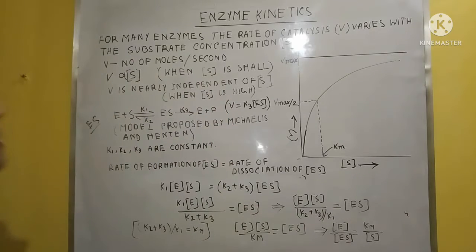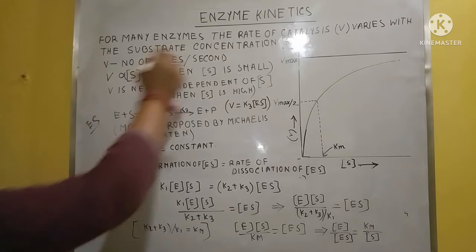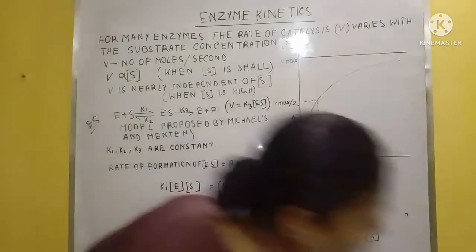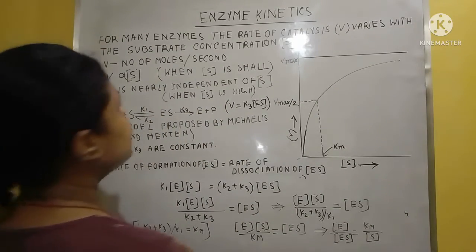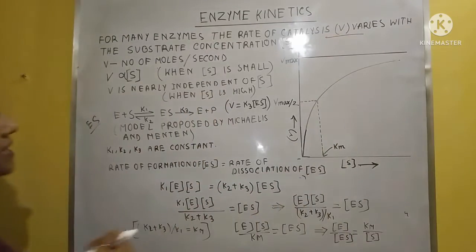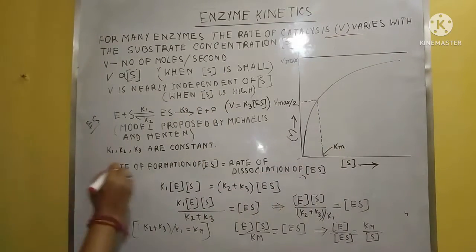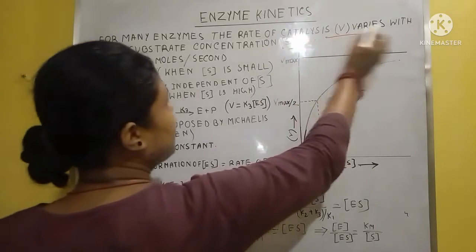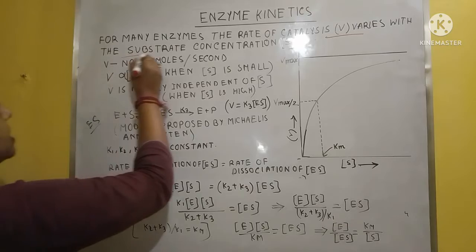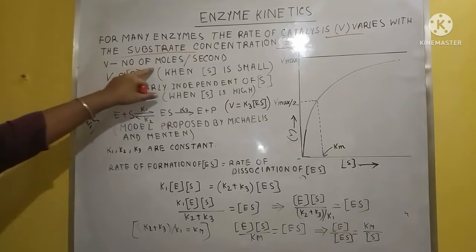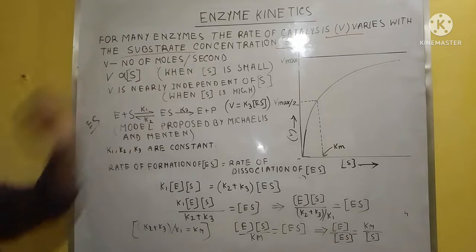Okay, so in enzyme kinetics we first learn that for many enzymes the rate of catalysis V varies with the substrate concentration S. V means the velocity, here the number of moles per second.